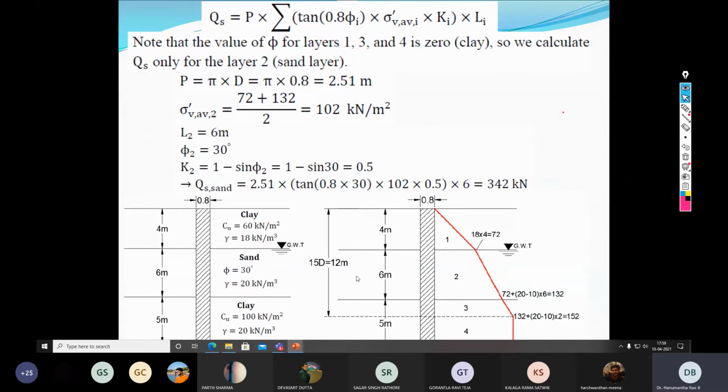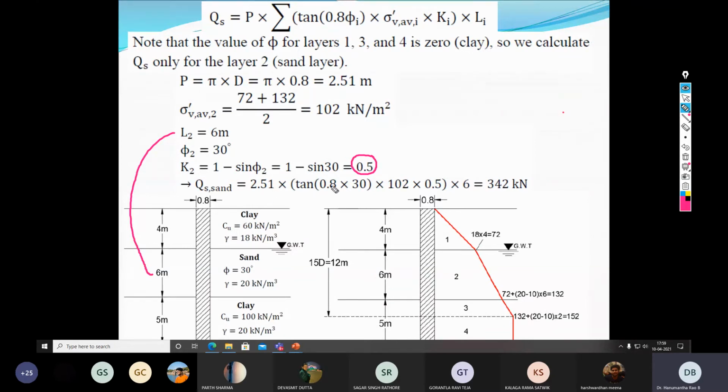The length of the sand layer is 6 meter. Then phi is 30 degree. So K naught is equal to 1 minus sin phi, since it is a bored pile, as somebody said correctly. 1 minus sin phi is 0.5. Now I know P is 2.51. Tan delta is tan of 0.8 into phi.